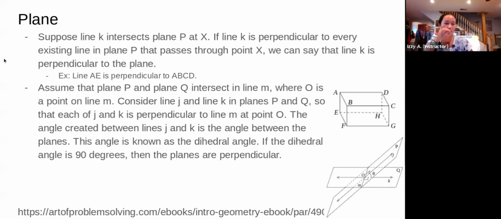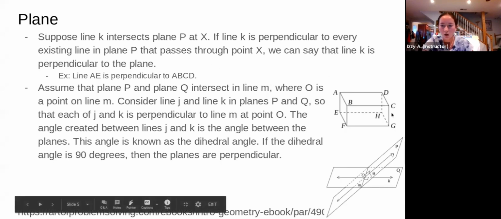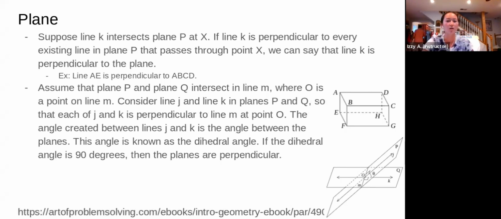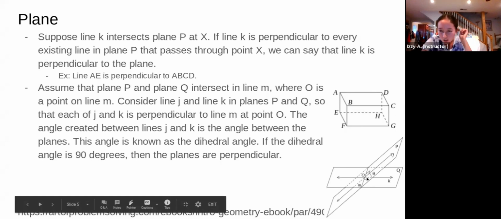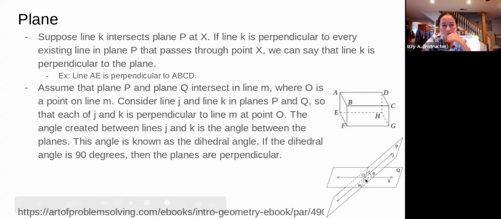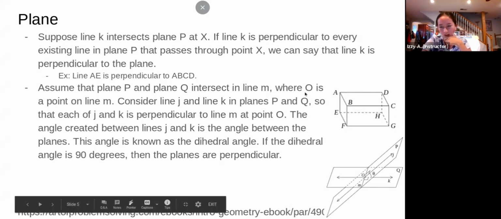Okay, so suppose line K intersects plane P at X. You can imagine that there's a line and then there is plane P. I'm pretty sure this is the image that would go with this example.